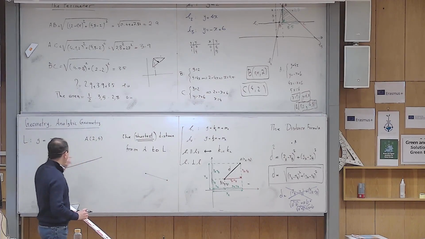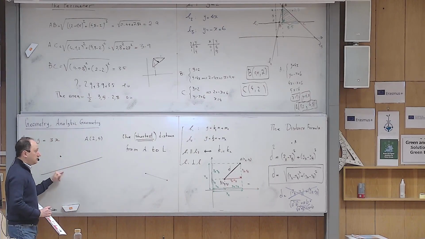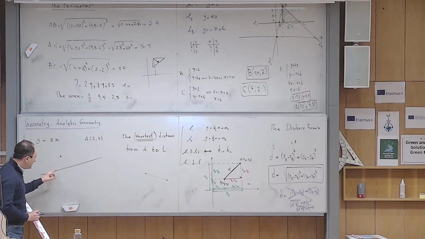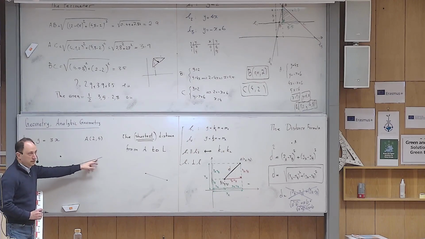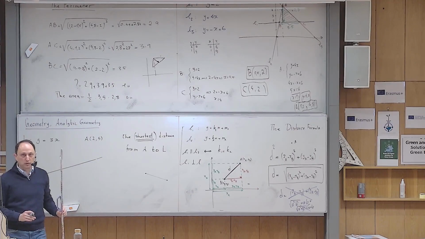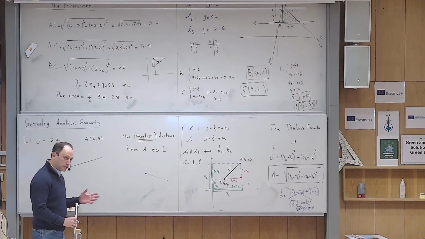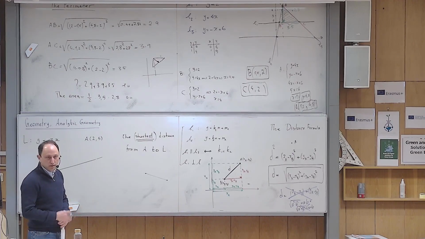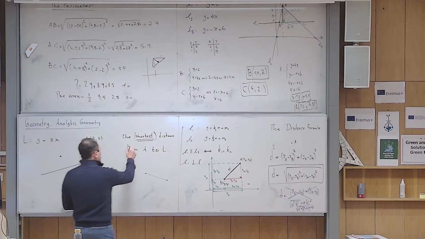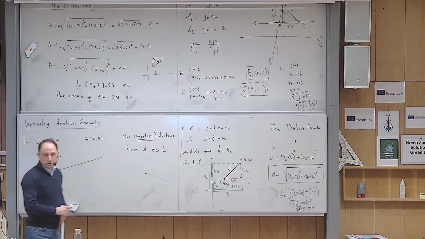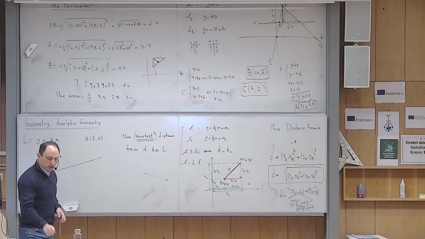But if I give you a point and a line, because there are infinitely many points on this line, you get a little bit confused about which distance I have to measure with my ruler and say that is the distance from the point to the line. What is that? The answer to this question is which distance? The shortest distance. I just want to rely on your intuition.